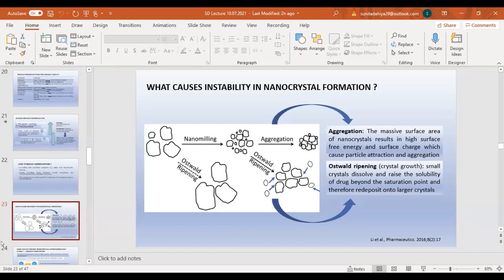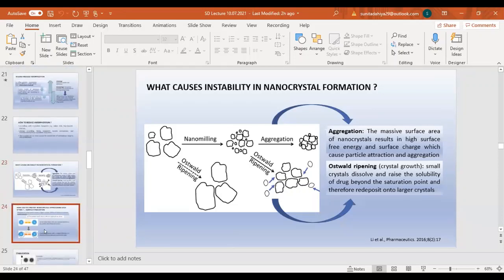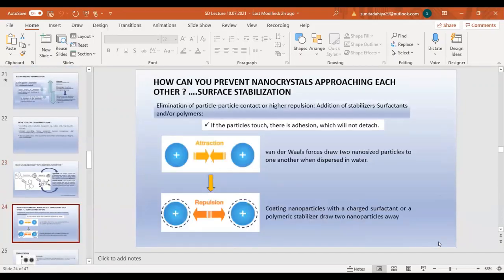So these two instabilities must be addressed using the surfactant. What causes instability is when the particles try to come together, they want to approach each other. So we have to work on this. We have to remove this particle attraction. For this, the approach we use is stabilization.